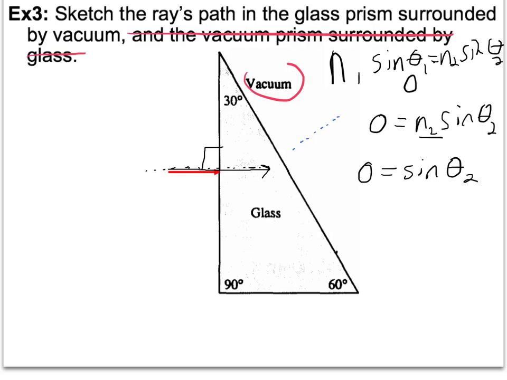So now I've got to draw a line that's 90 degrees to this surface. And so when my ray hits this surface, I've got to figure out what this angle is, and ideally that blue line would have hit the edge of my arrow. I was off a little bit there. Now I've got to figure out what the angle was there.